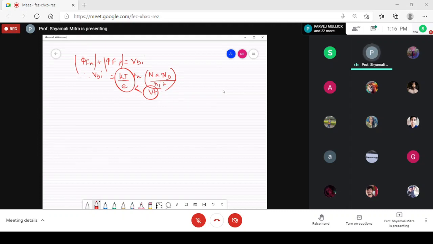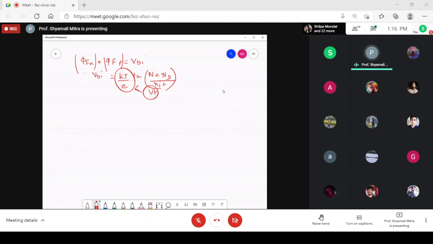So now we are going to calculate it. Once we have calculated this barrier voltage, we can now calculate the electric field. For that, we would need the profile of the charged ions present in the space charge region, and based on that we will be integrating to find the electric field.